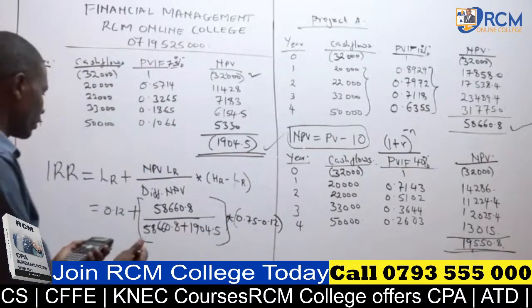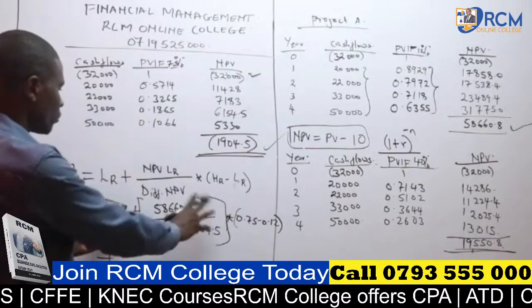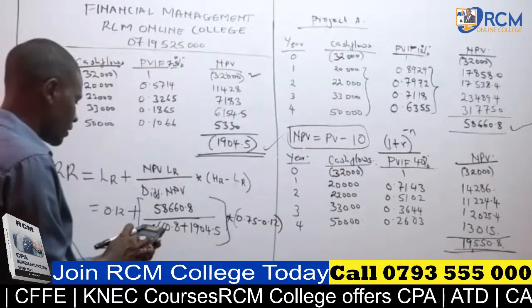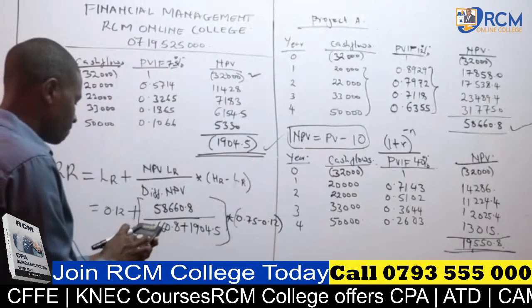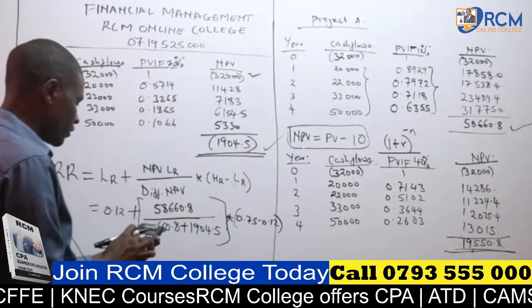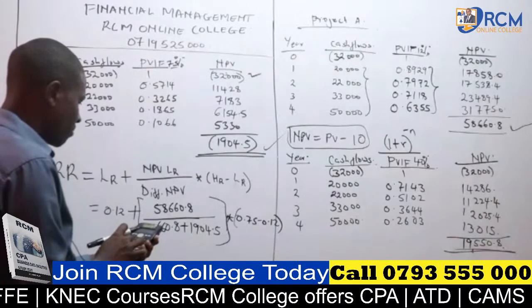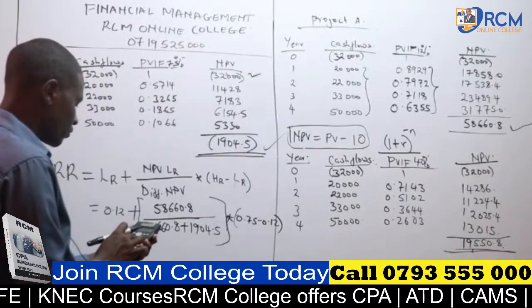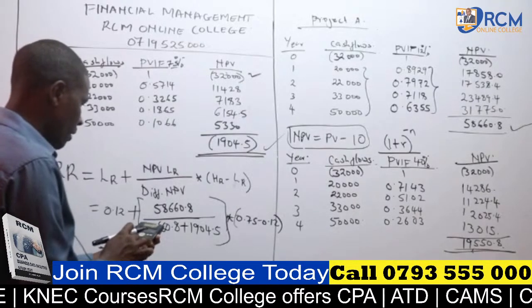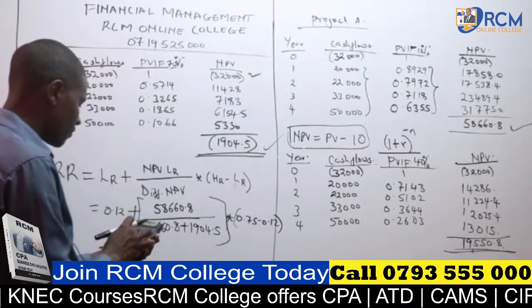Now let's do it. We complete this. I can start with the bracket. Then I multiply. So it's 58,660.8 divided by 58,660.8 plus 1904.5.